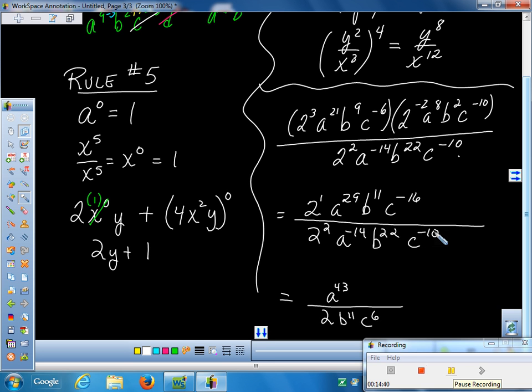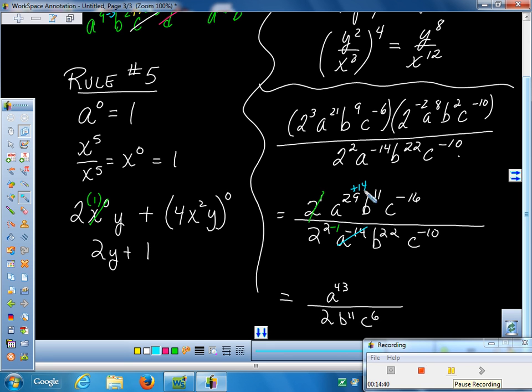Now you're doing the up-down thing. You want to keep your towers positive. So I have a 2 to the first and a 2 to the second. The smaller power's on top, so I'm going to bring it to the bottom and subtract, which will make 2 to the first. Okay, the A's are going to go up, so negative 14 comes up and becomes plus 14, which is a to the 43.